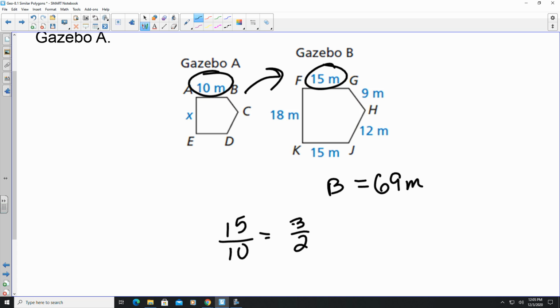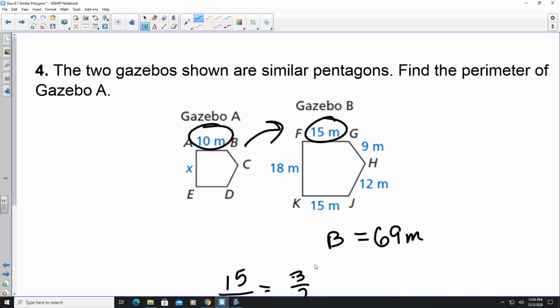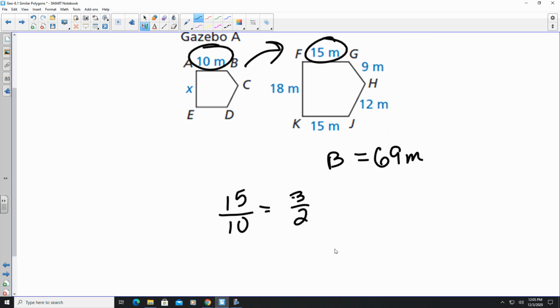So to figure out the perimeter of gazebo A, I have 3/2 here. I know that gazebo B is 69 meters. I know it's the larger of the two, so I put x on the bottom because I know that's a smaller number.